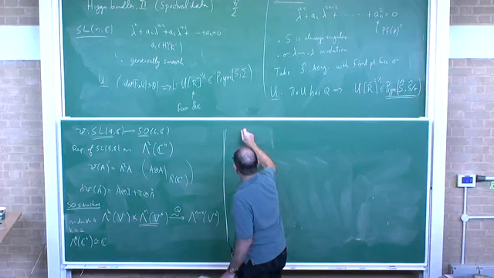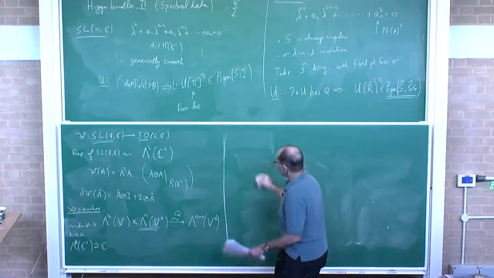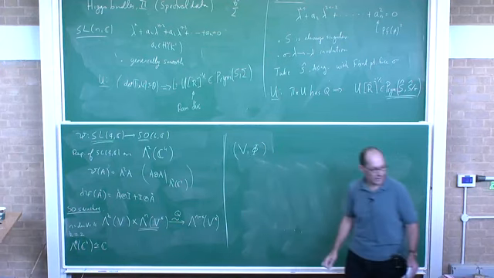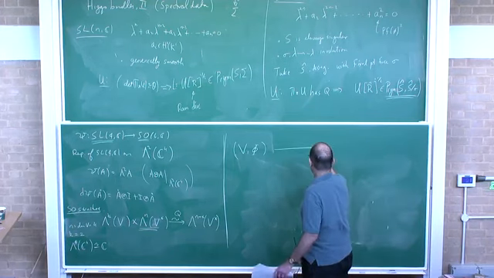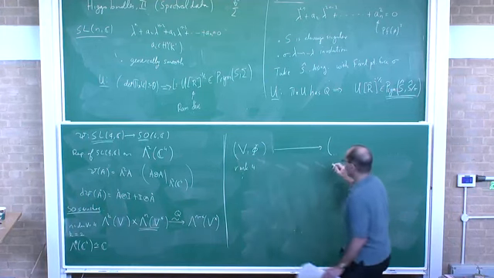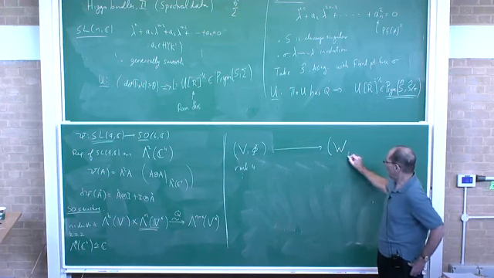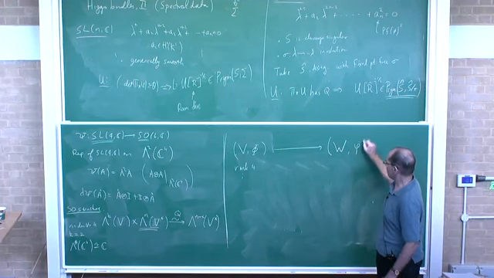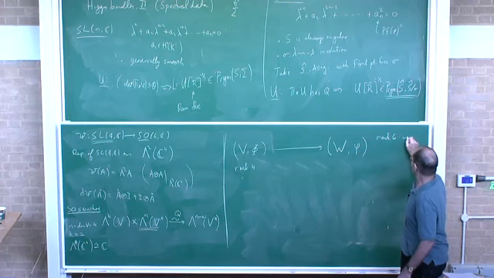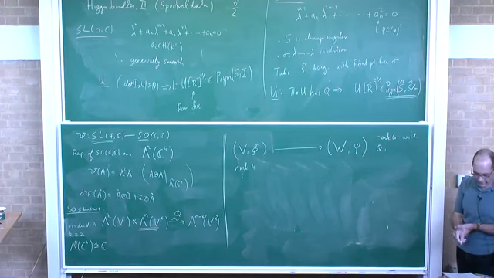If we look at the map from the vector bundle description of SL4 to SO6, here we're going from a rank 4 bundle with trivial determinant and a Higgs field in SL4, and we have to produce a rank 6 bundle, I better give it a different name from V, with its Higgs field that lives in the algebra of SL6, I'll give that a different name. And this has to have an orthogonal structure, and phi has to have the appropriate symmetry.